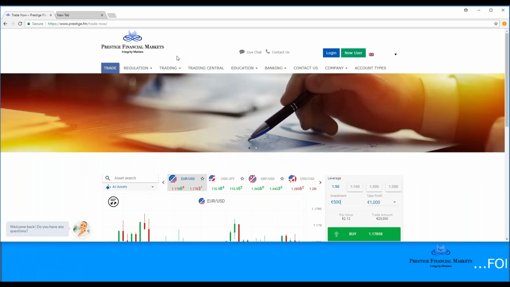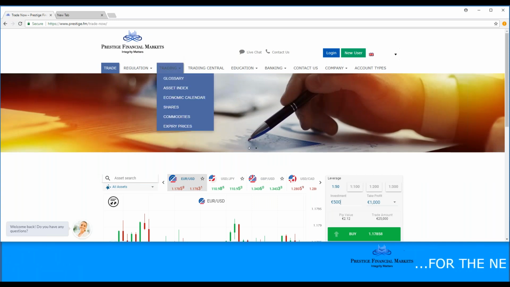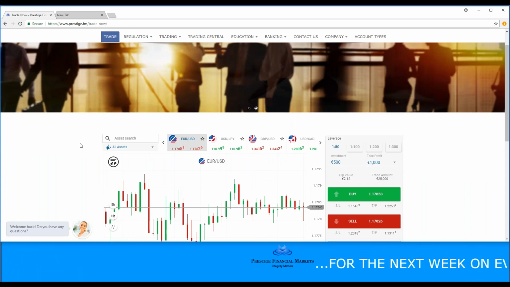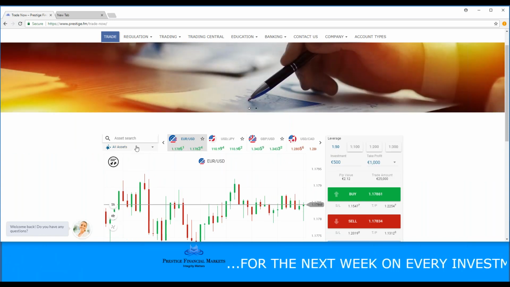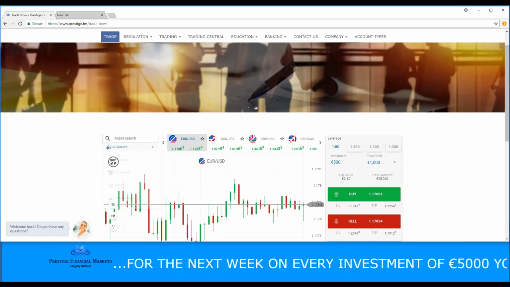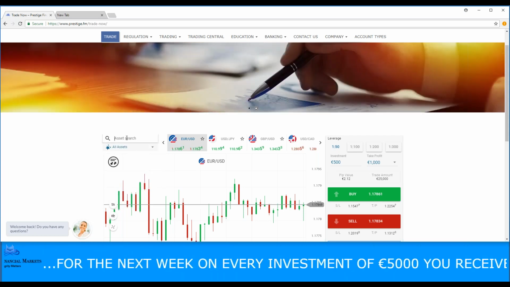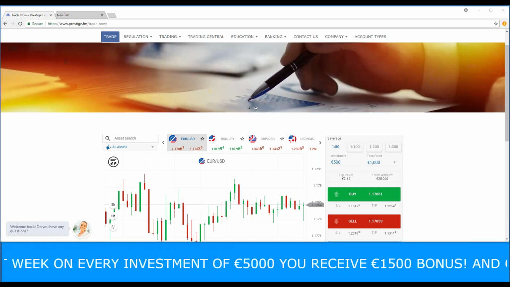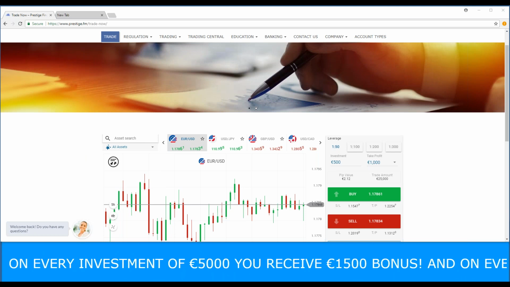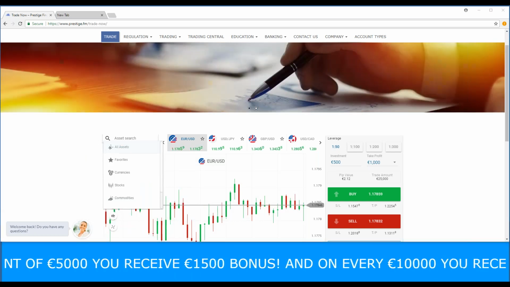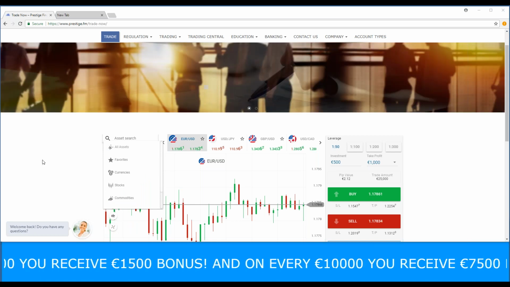Of course, you will see first on your left side, asset search. Under that, you can, at your leisure, type the asset that you're willing to trade, or you can go to all assets and find the asset you prefer.